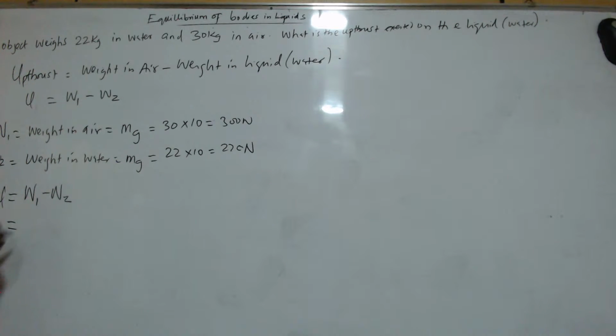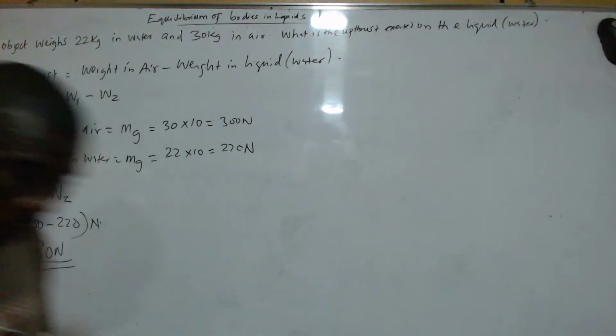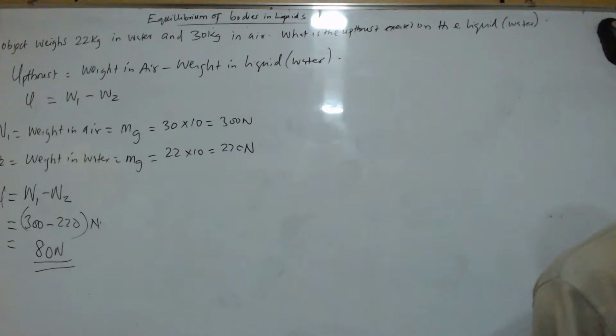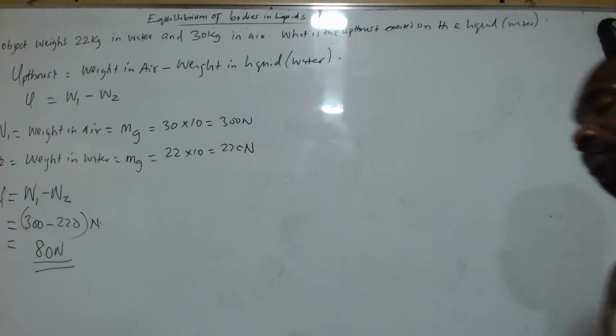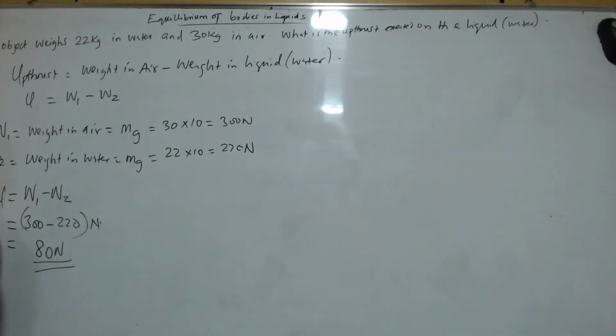So our W1 is 300 minus 220, all in Newton. So this will give us 80 Newton. That is the upthrust, the force the liquid exerts on the bucket. That is that force there.